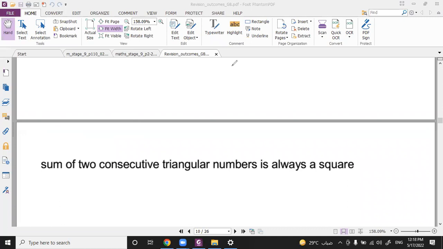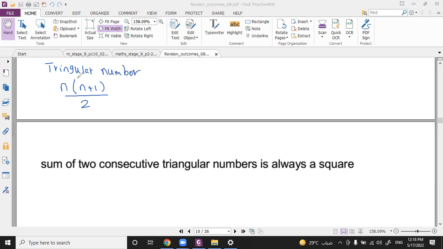And I want to prove it. So let's suppose any triangular number.